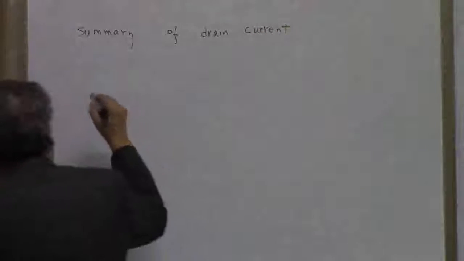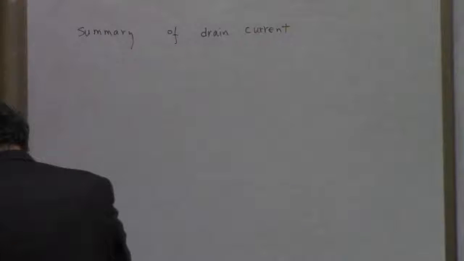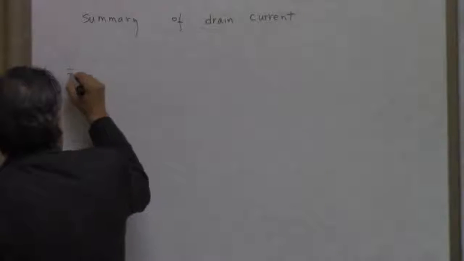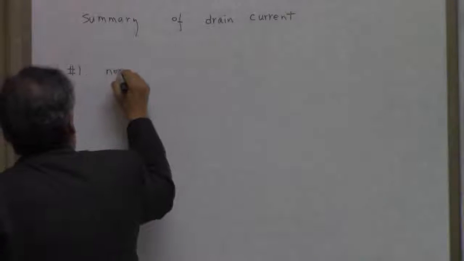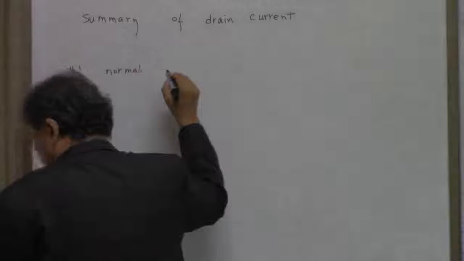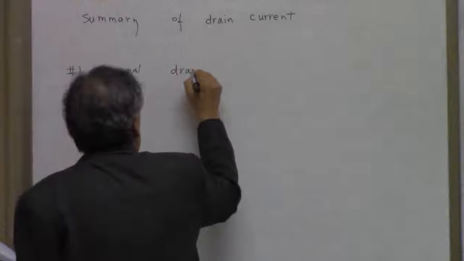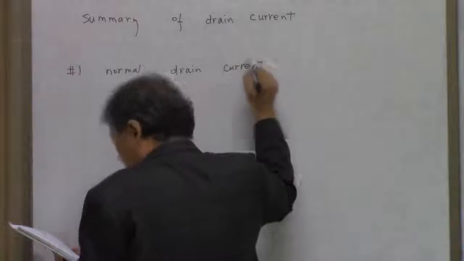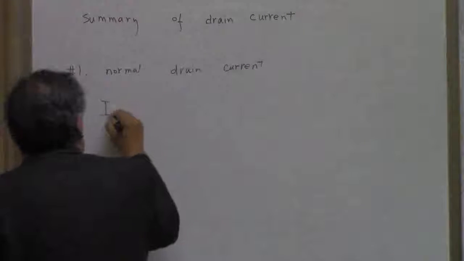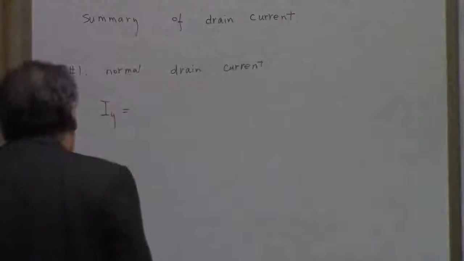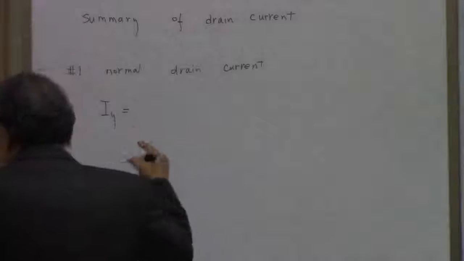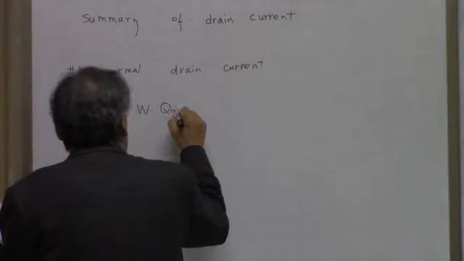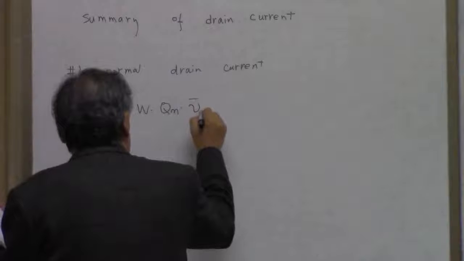We start out with the normal drain current, and we derive an equation like IDS is W over L, the geometric factor, and then the charge and the velocity, right?